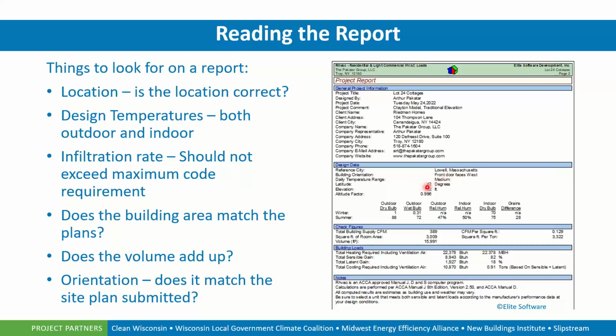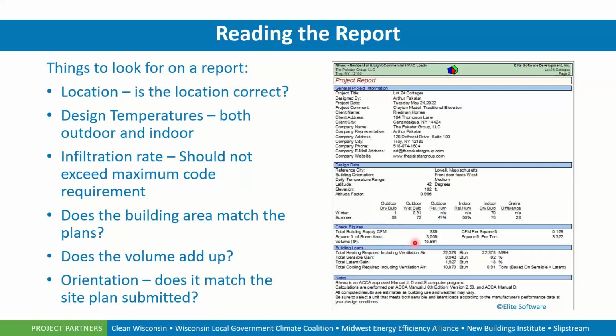If you remember back to the temperature tab, the design data, the temperature is going to be different. We also need to make sure that the infiltration rate we have set within the software does not exceed code. So if code requirements said 5 ACH, we couldn't set it to be 7. The ACH, or the infiltration within the Manual J calculation, must match the code requirement.